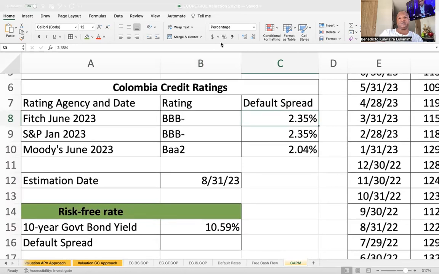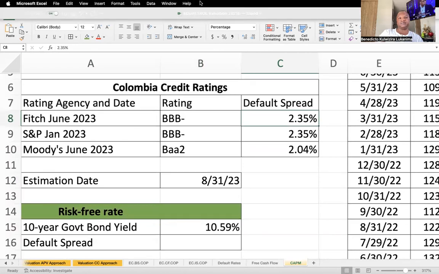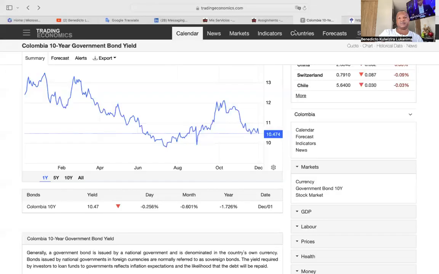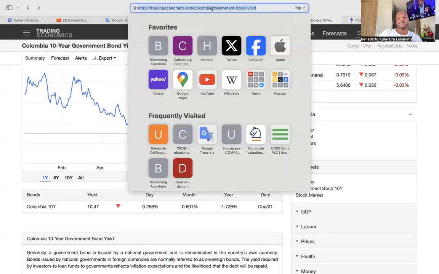There could be several sources. I'll only show you some. First, to determine credit rating, you just search by typing the name of a country and the word credit rating.